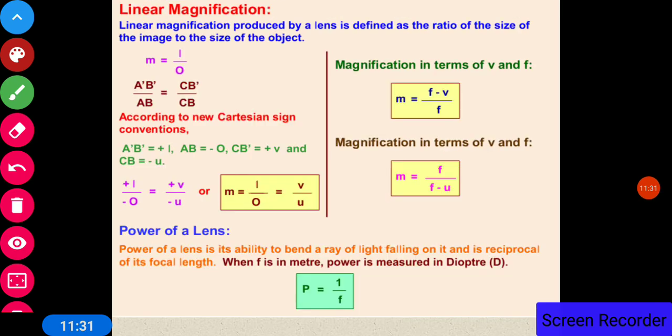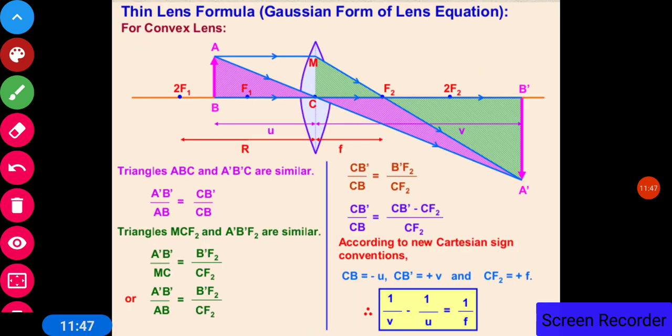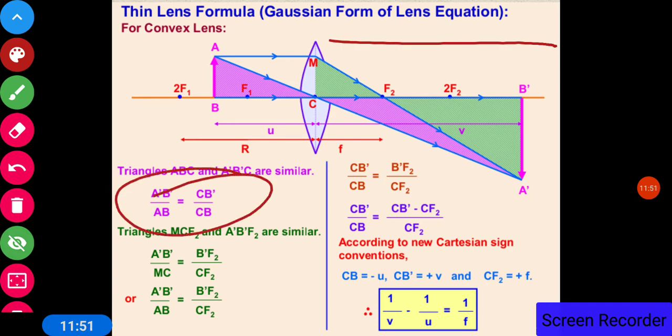Now the linear magnification. Linear magnification produced by the lens is defined as the ratio of the size of the image to the size of the object. So M is equal to I upon O. Now in the previous derivation, A dash B dash upon AB is equal to CB dash upon CB.